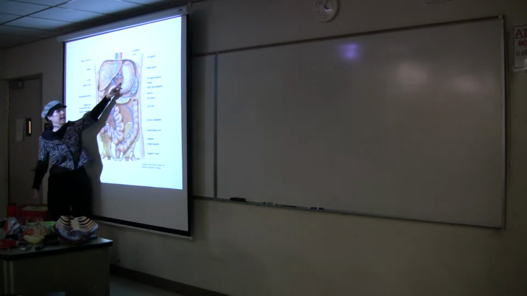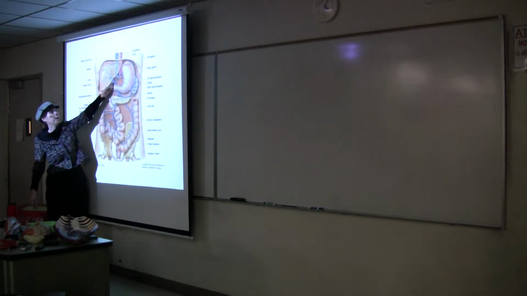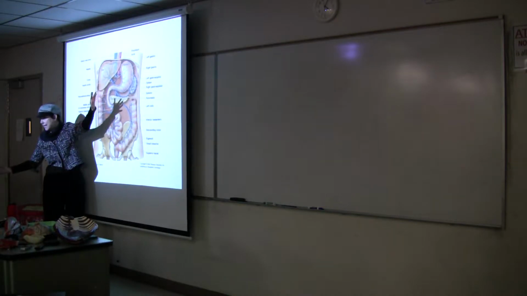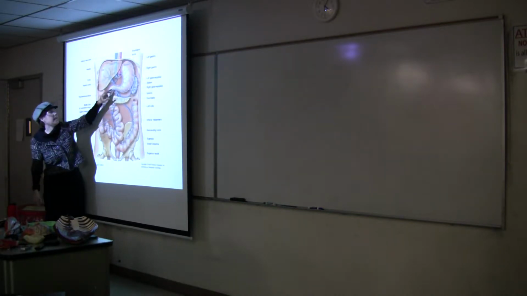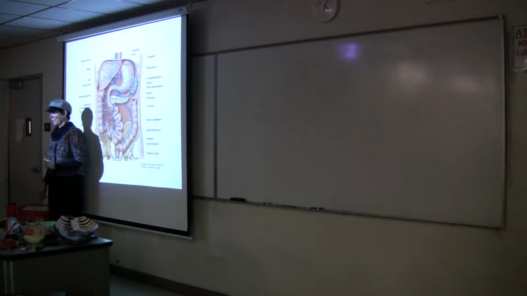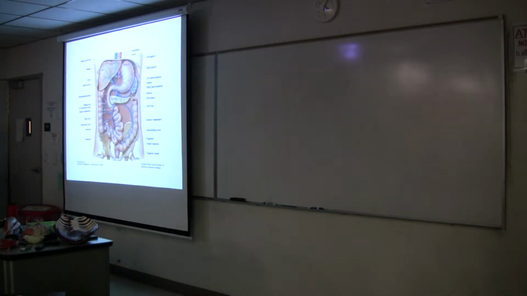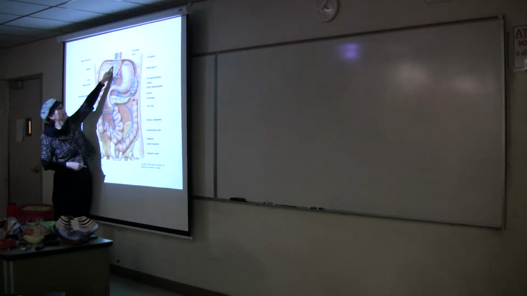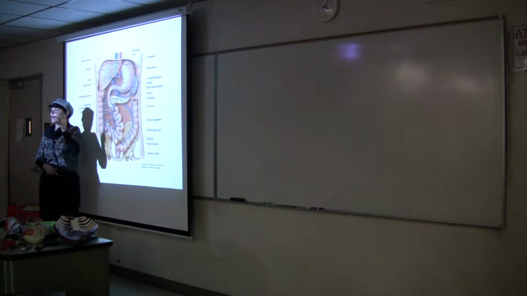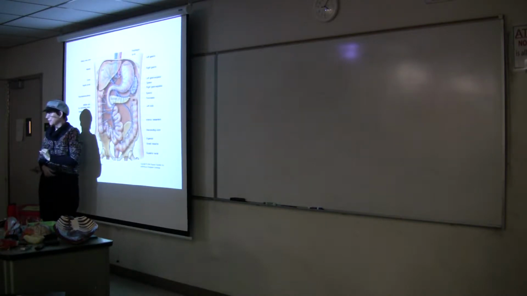Here's the gastric veins, and they're all coming together and forming the portal vein. Makes sense, it's a portal system, and carrying this blood into the liver, where it now enters large capillaries or sinusoids, and we'll cover that detail in the digestive system. And then it leaves the liver through hepatic veins to finally get to the inferior vena cava.